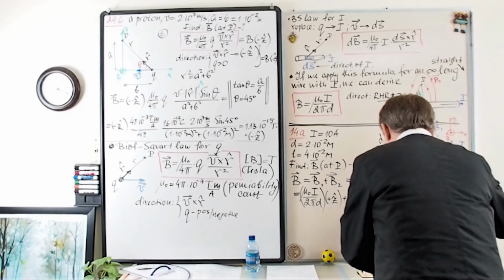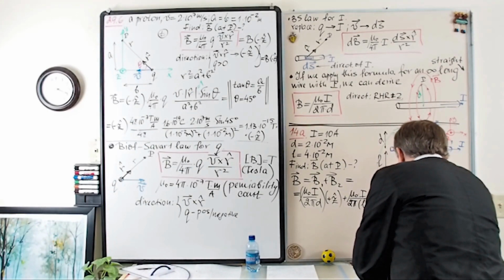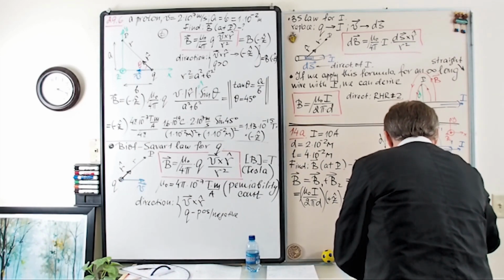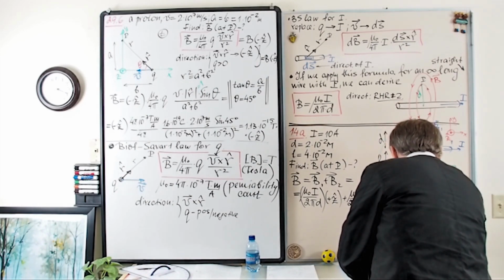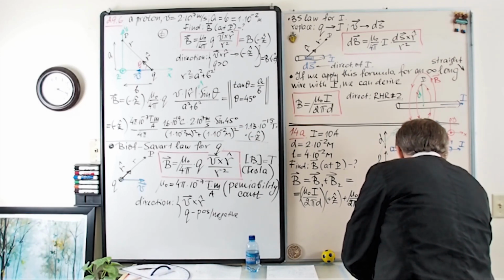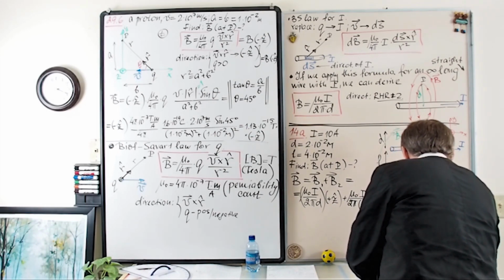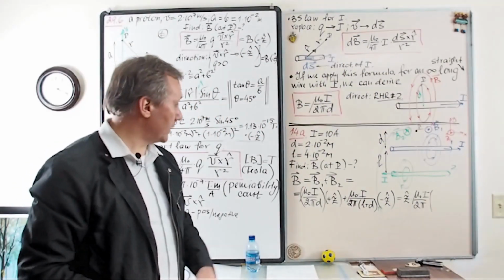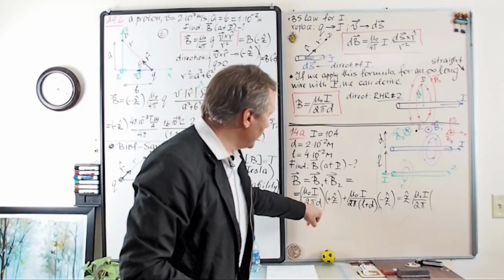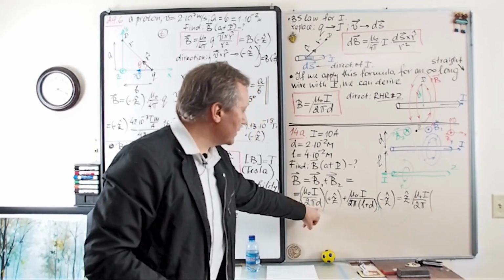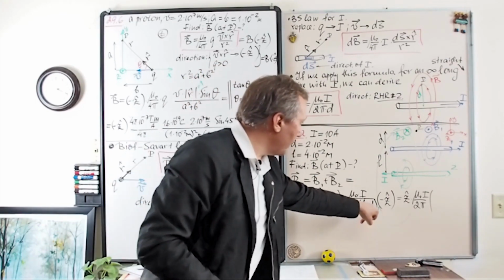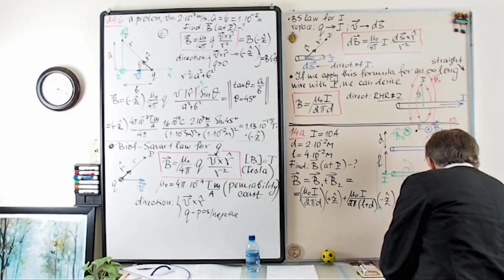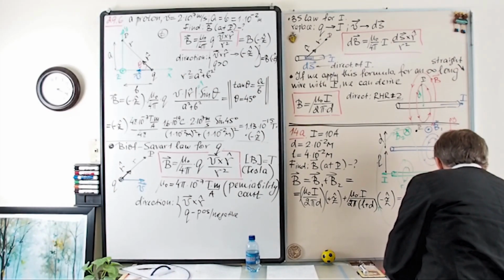Let me start with direction: Z hat, then mu naught I divided by 2 pi. So I factored out common factors, and what's left inside is 1 over D minus 1 over L plus D.